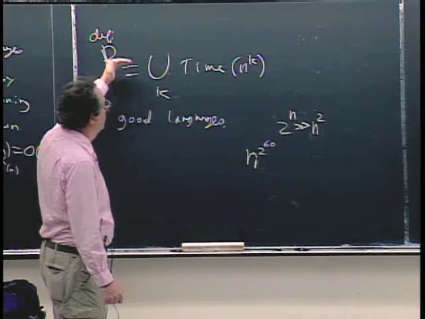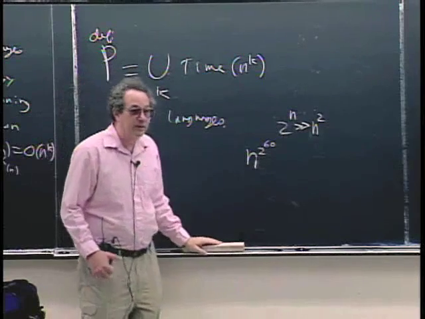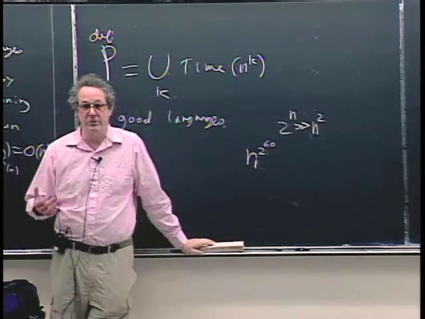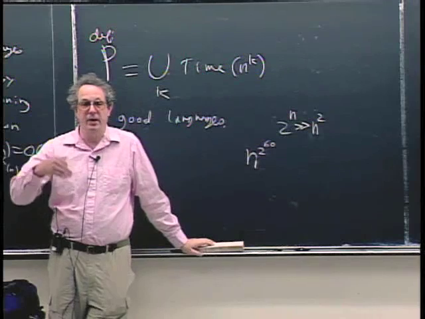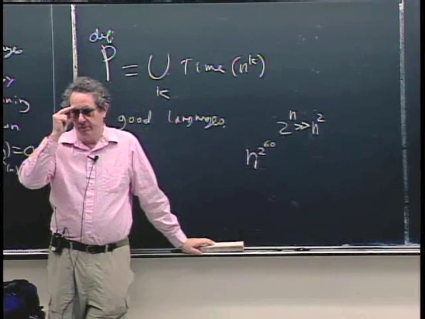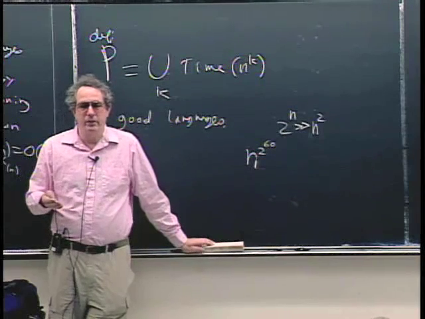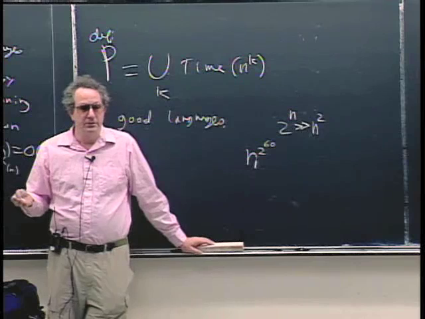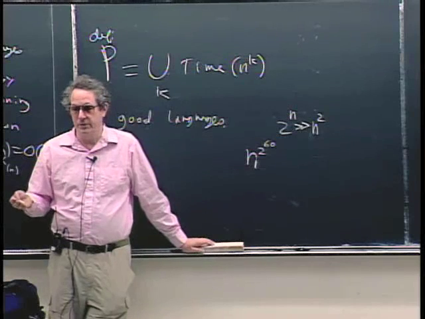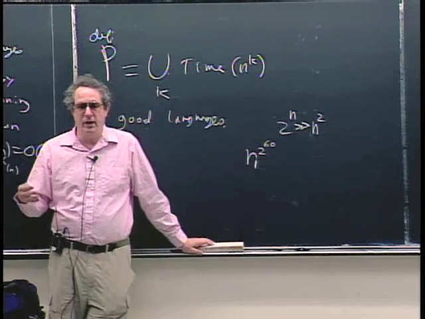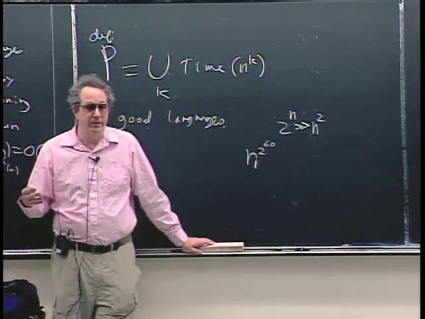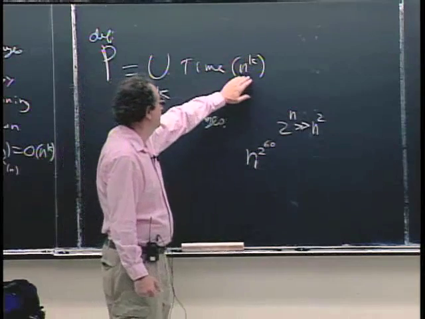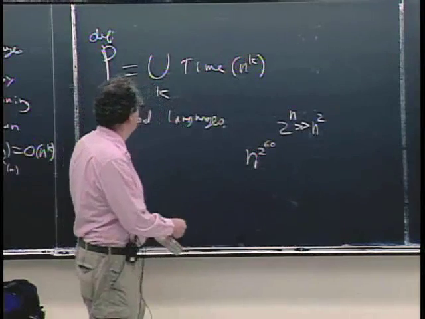You'd like to be able to show that you can decide a language efficiently. So up to now, when we've been talking about undecidability, it's just whether a language can be decided at all or recognized at all by some Turing machine. Now we're talking about, can it be decided efficiently? And our notion of efficient is this worst case bound of polynomial time.